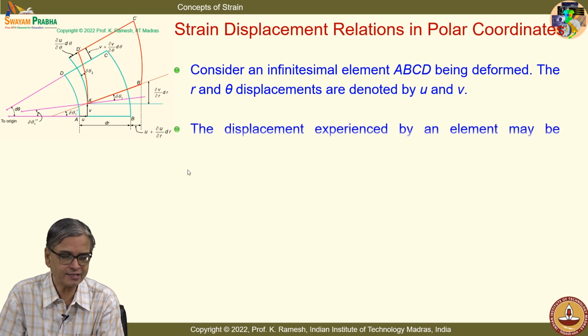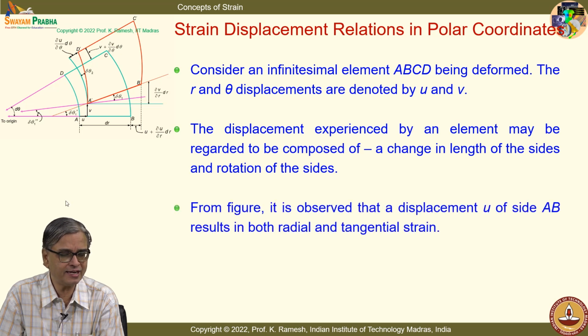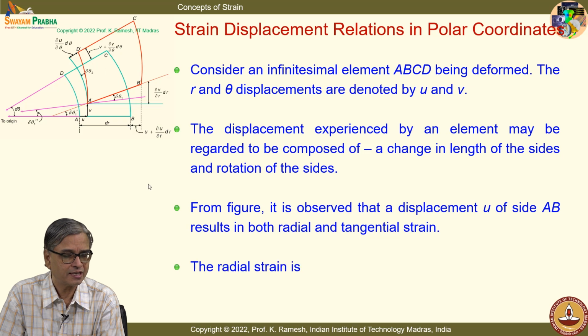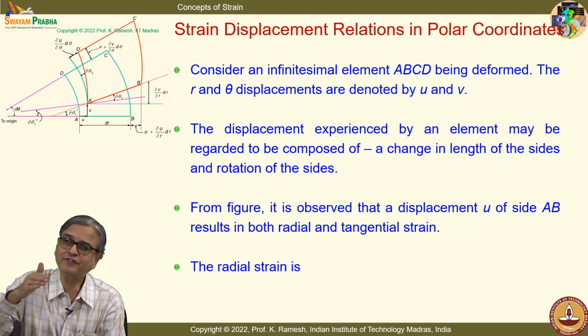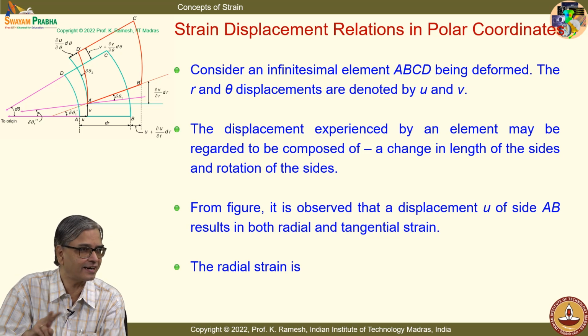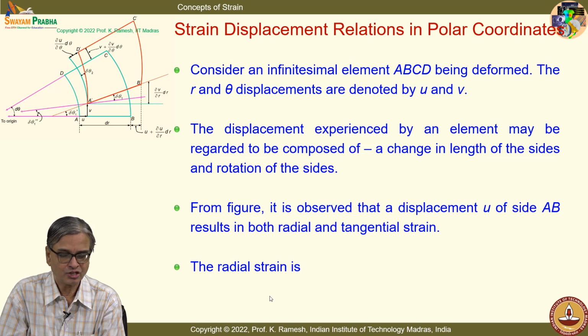We have to consider an infinitesimal element ABCD, and there is a peculiarity in the case of polar coordinates. When the radius changes, the circumference also changes; they are interrelated, fine. So it results in both radial and tangential strain.